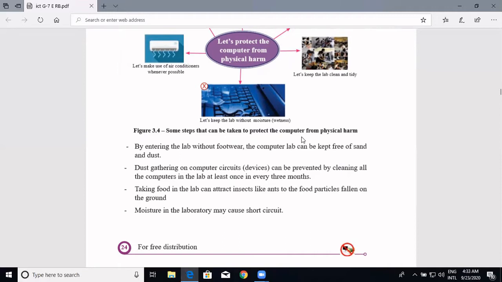Avoid taking food, because one thing, it can be spilling, and the second thing is it can attract different kinds of insects there. And try to avoid moisture in the lab, because it can short the circuits. Water is not good for electrical devices, right?